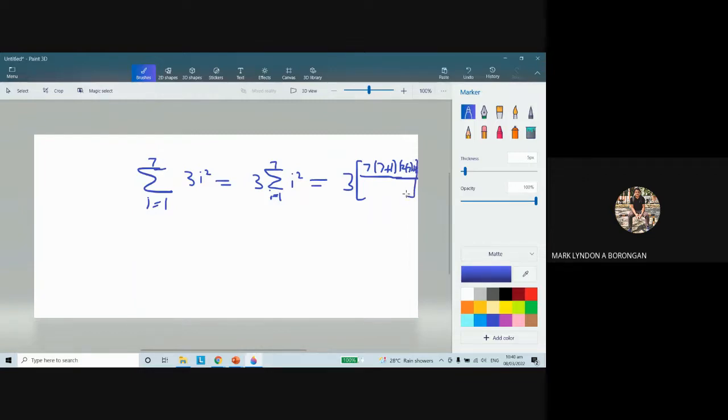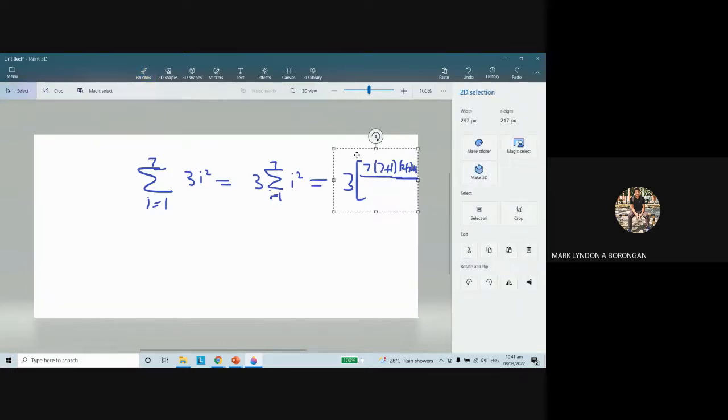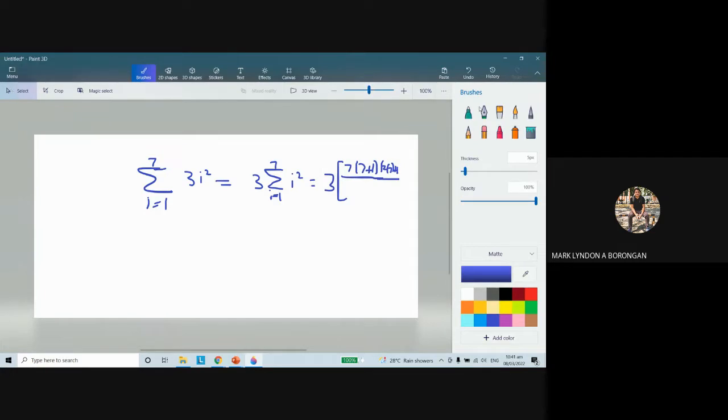Put it in brackets there. So 2 times 7 plus 1, then plus 1, over 6.